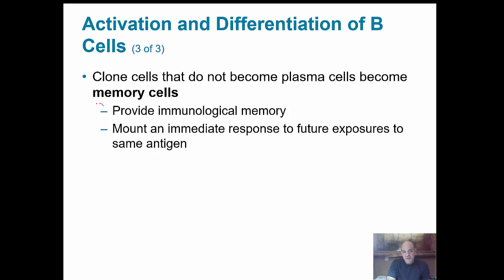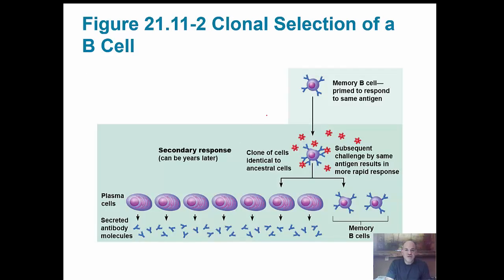They provide immunological memory, and they'll be ready to mount an immediate response to any future exposures. So here you have a memory B cell in the continuation of this diagram. In the case of a secondary response, where you have a subsequent exposure to those antigens, the response is going to be much more rapid and more amplified.